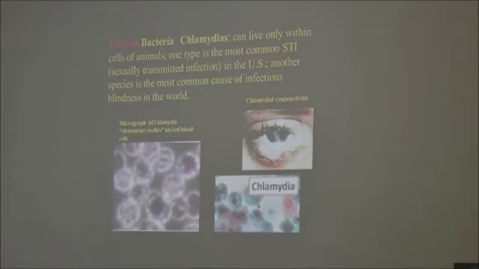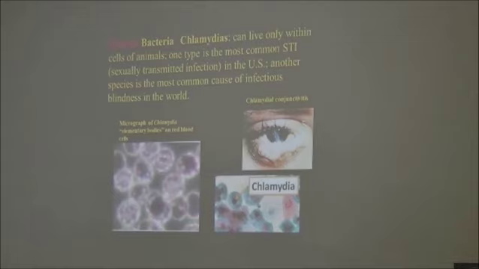The next major group is the group called the Chlamydia. These are obligate intracellular parasites. They have to be inside of a living cell in order to reproduce. They have an infectious body called elementary bodies. There we see some of them on the outside of red blood cells. But those elementary bodies can't reproduce.